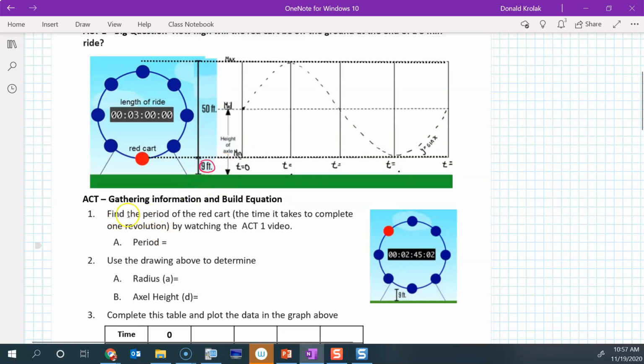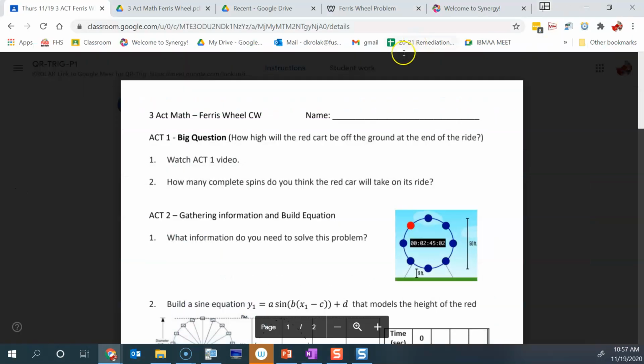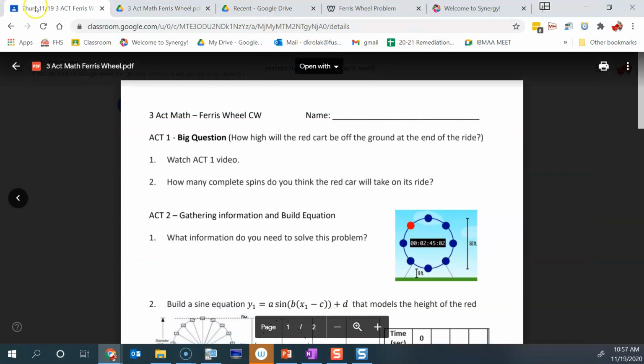Now here, where it says find the period of the red cart, the time it takes to complete one revolution by watching the Act 1 video. All right, so that is the video that is attached to your Google Classroom here.